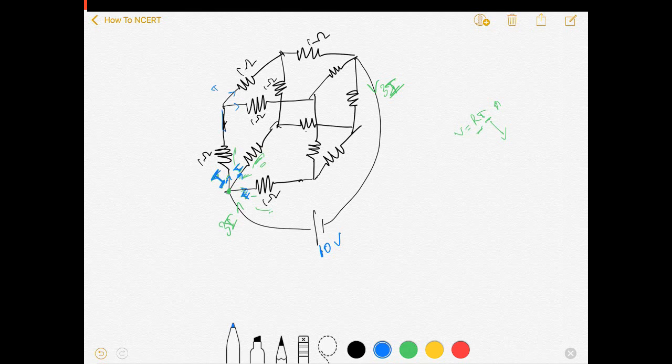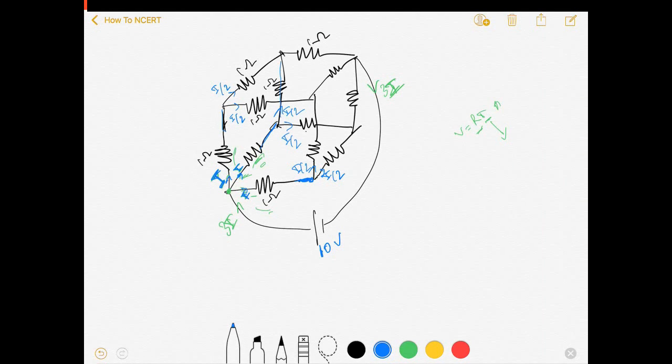So here I'll get I by 2, I'll get I by 2 over here. And over here again, from this section, my current gets split up into two parts at this junction. I'll get I by 2 and I by 2 over here as well. And the same thing happens at this junction as well. I by 2, I by 2.